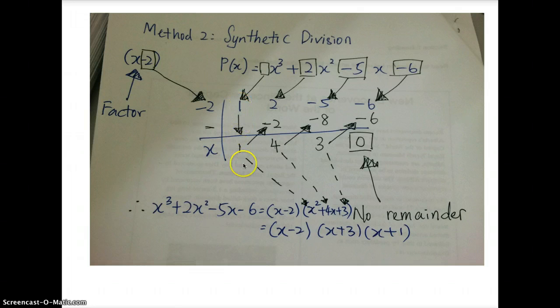For the first one you bring it down, and for the second one, this one times this one is put here, and you get a number. You do this for all, and when the remainder at the end is 0, it means it is a factor. Then we can do the factorization similarly to method 1.